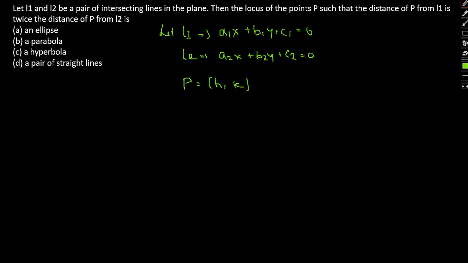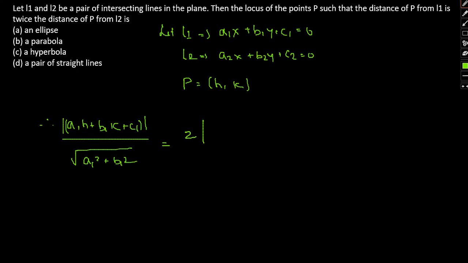Therefore the absolute value of A1h plus B1k plus C1 divided by the square root of A1 square plus B1 square is equal to twice the absolute value of A2h plus B2k plus C2 divided by the square root of A2 square plus B2 square.